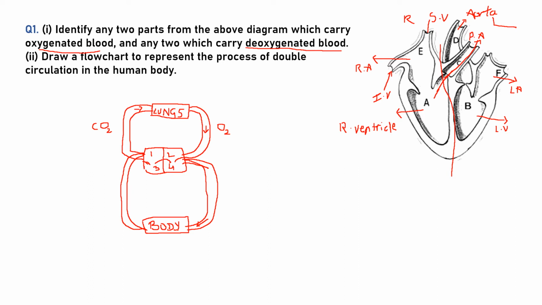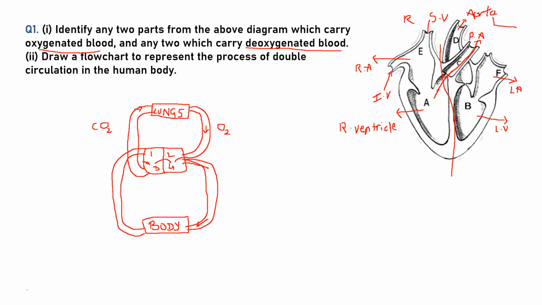Clear, students? Here I just want to take blood from the right ventricle. From the right ventricle, blood is going to the lungs, and from the body the deoxygenated blood is going to the right atrium, right?